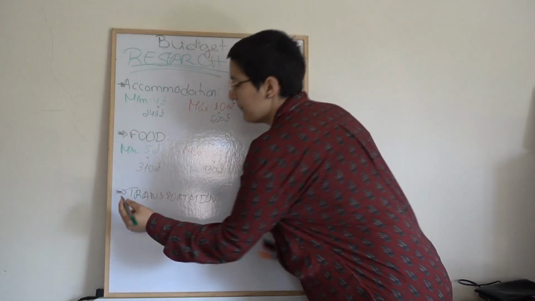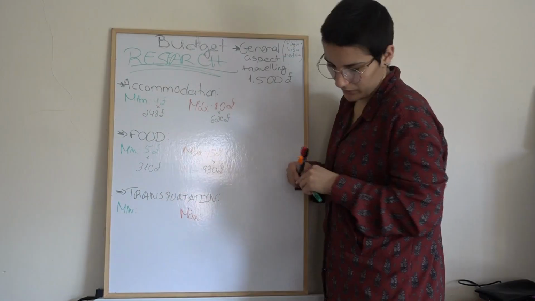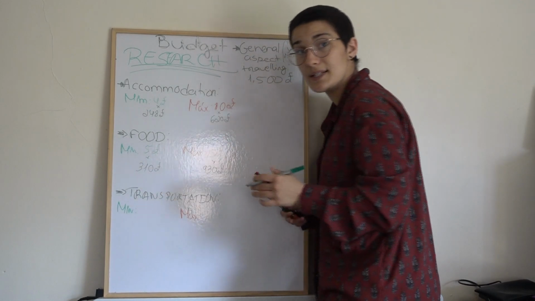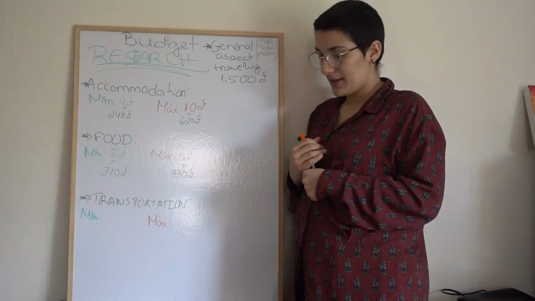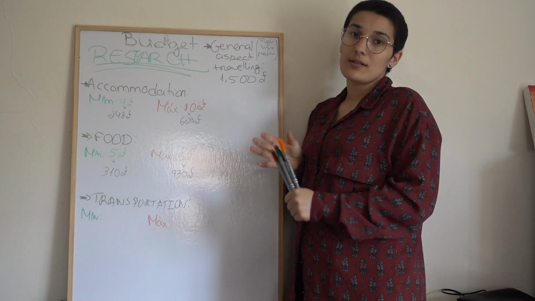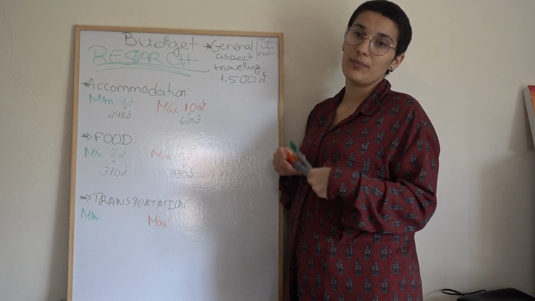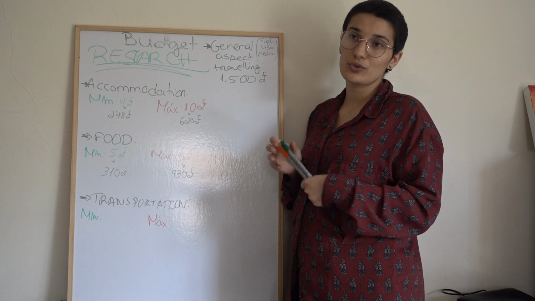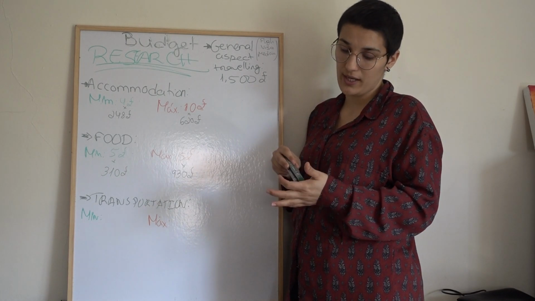Once again, minimum, maximum. Okay, I did this for the 2 months, okay, because I'm not traveling every day. I did the average for the 2 months. So I researched the normal price of a tuk-tuk, a bus, and a night train, or the trains.